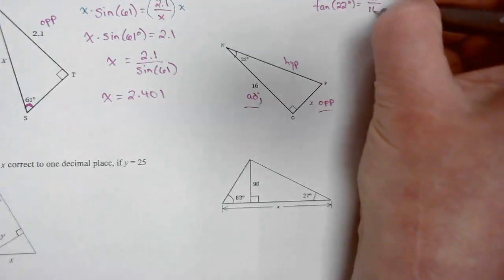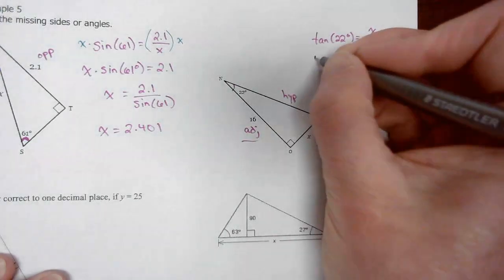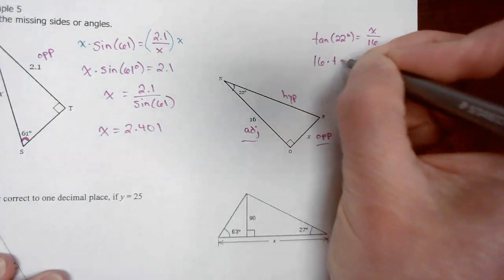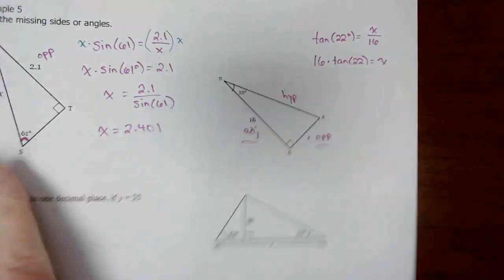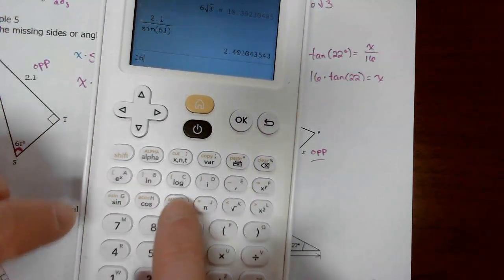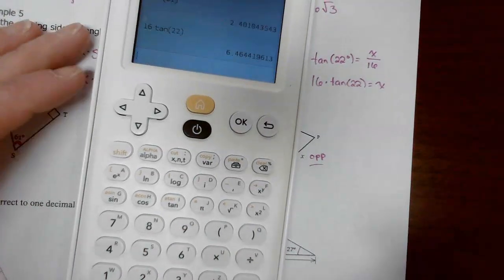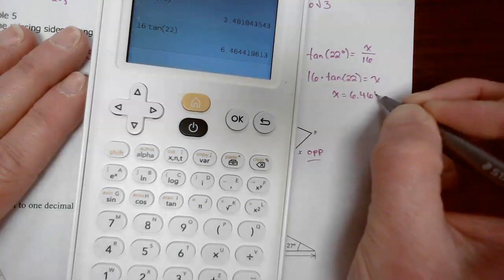Opposite over adjacent. So since the variable's in the numerator, all I have to do is multiply both sides by 16. And I have 16 tangent 22. And so X is 6.464.